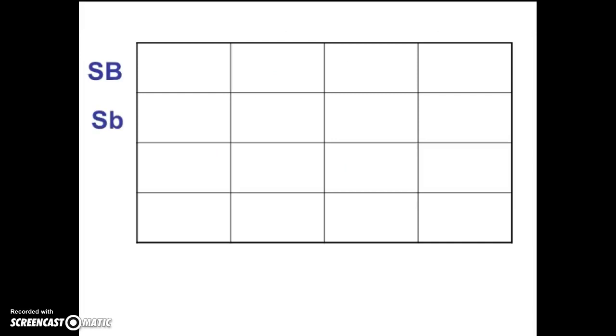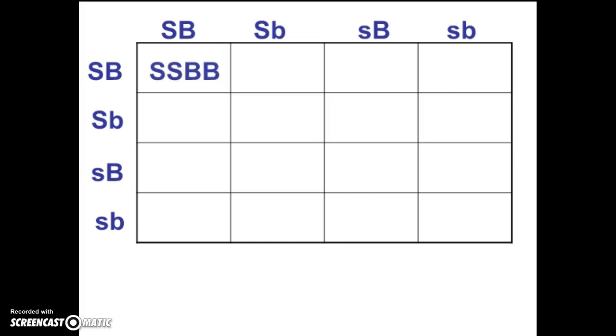Because both of our parents were the same genotype, we can put both along the top and the left side. Now remember, outside of the boxes, it's okay to have unlike letters together and for lowercase letters to come first. Inside the boxes, you combine what you see, putting like letters together and capital letters first.